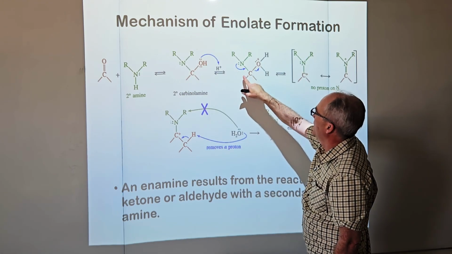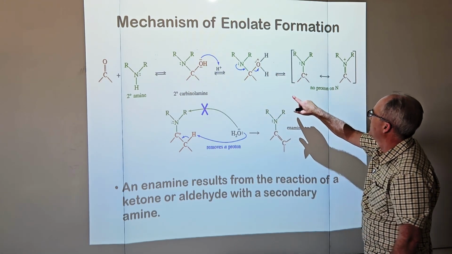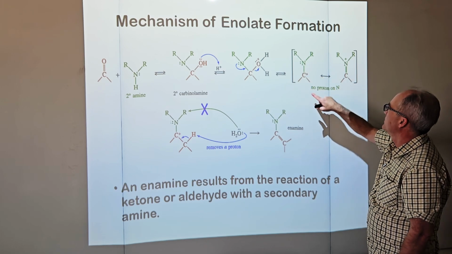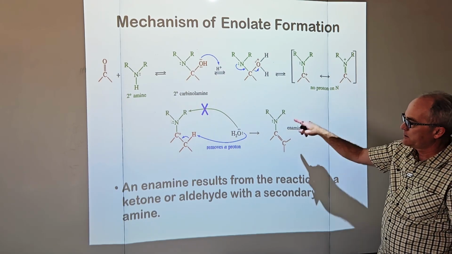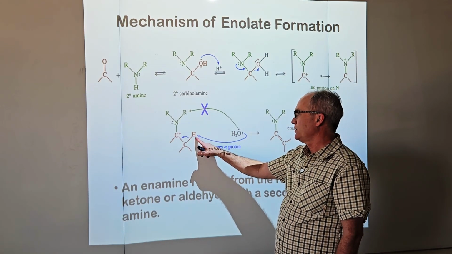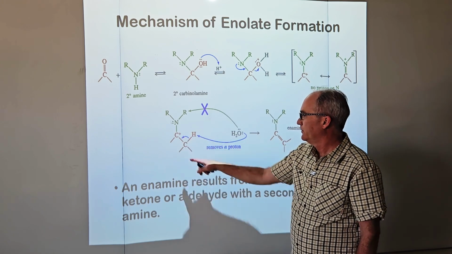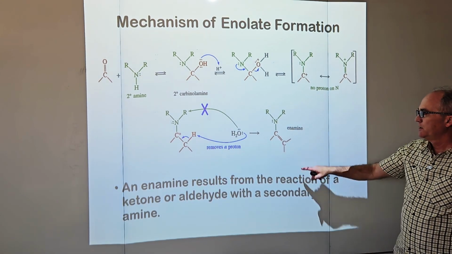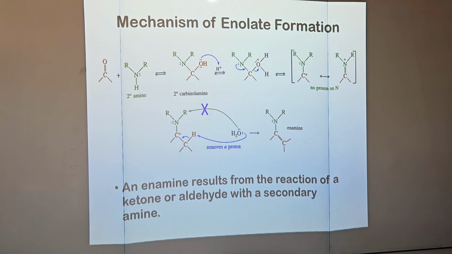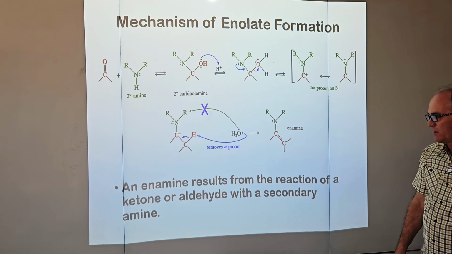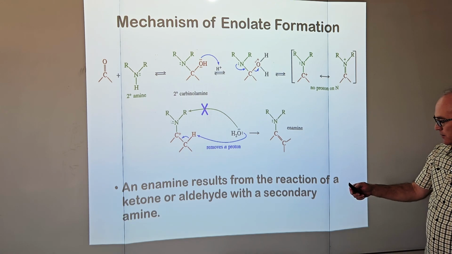And then these jump back down, and this leaves, and there's no proton on nitrogen. And we have something like this. And here's the alpha proton being pulled off, kind of like an elimination reaction. And here's our enamine. Enamine results from the reaction of a ketone or aldehyde with a secondary amine.